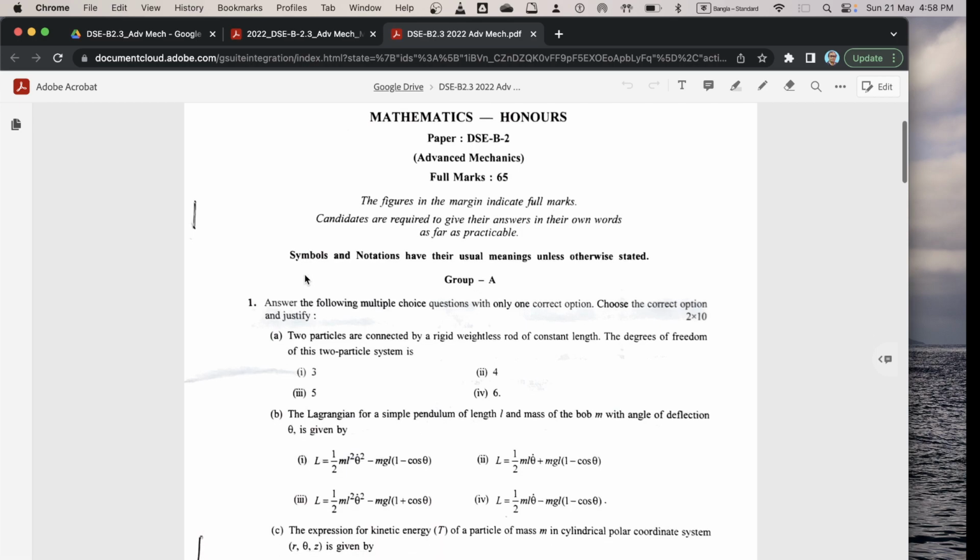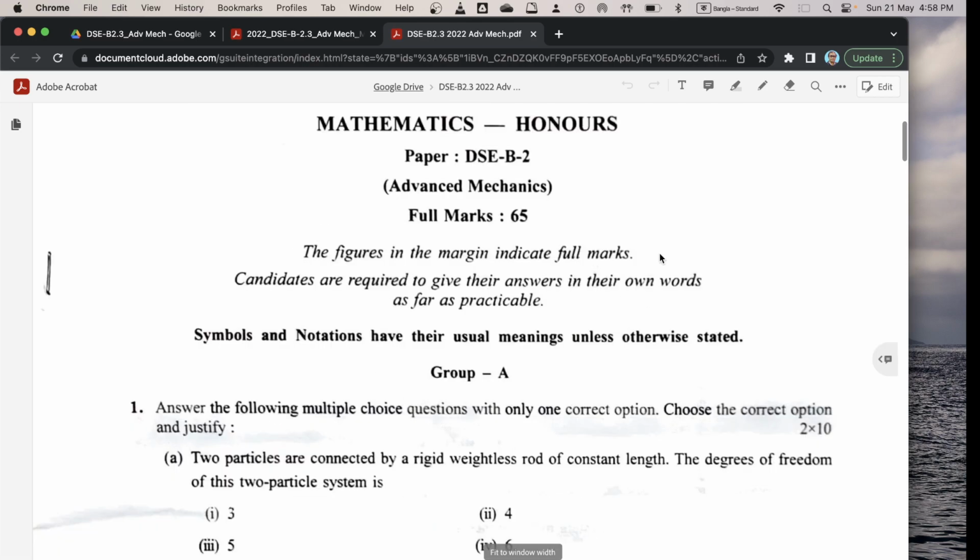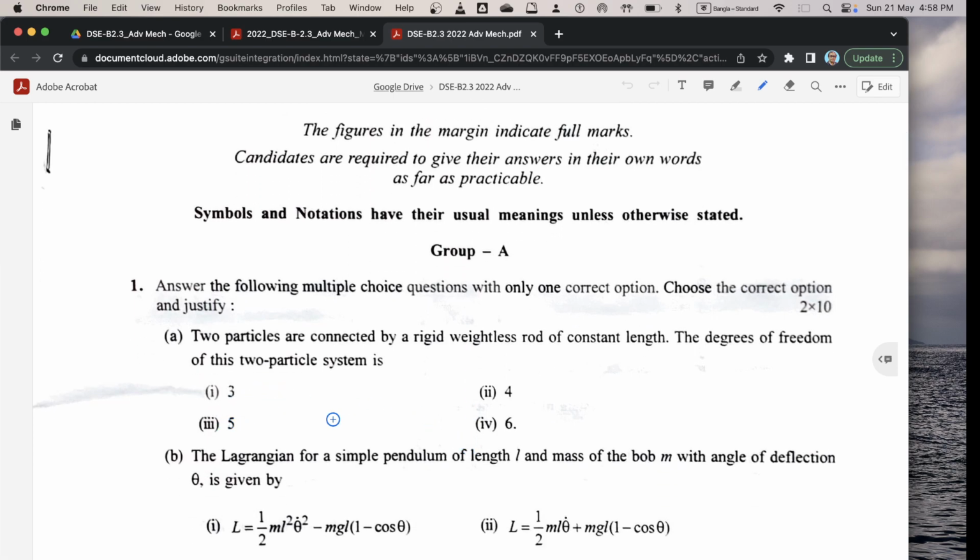Question 1: Two particles are connected by a rigid weightless rod of constant length. The degrees of freedom of this two-particle system: the correct option is 3, the correct answer is 5.